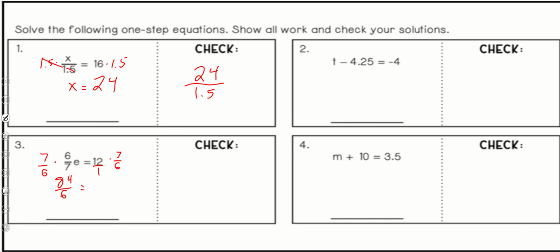And then I can just do my division there to simplify that. 84 divided by 6 gives me 14.